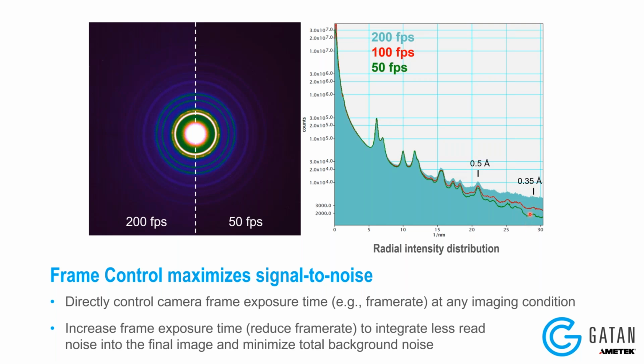Specifically here at 0.35 angstroms in this data here, you can start seeing this peak in this green line here much better than you could at 200 frames per second here in comparison. So the real world effect of having the frame control mode in diffraction experiments is that you can start seeing fainter spots much better over the noise floor of the data that is captured.